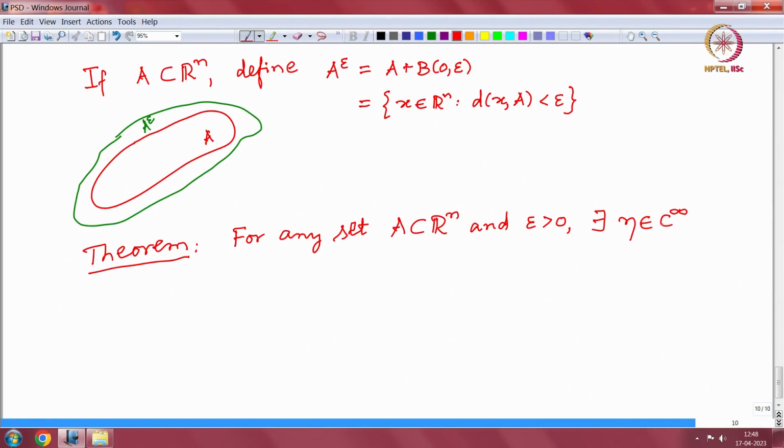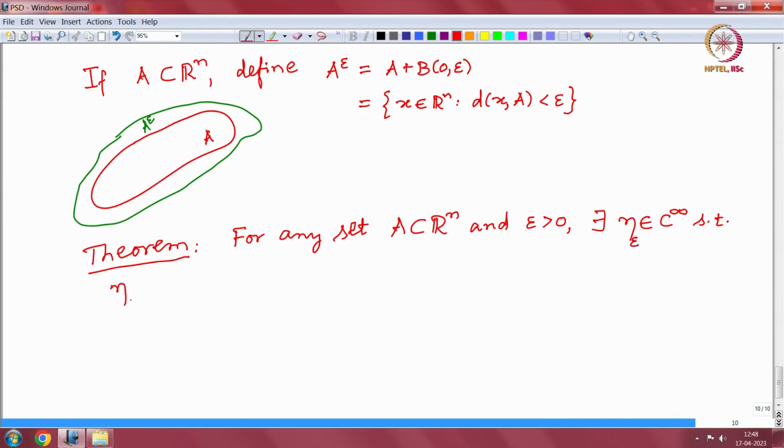Let me state that as part of the conclusion. So, eta epsilon, that depends on epsilon.